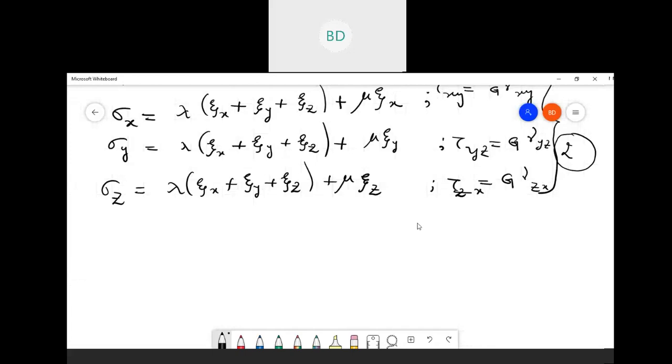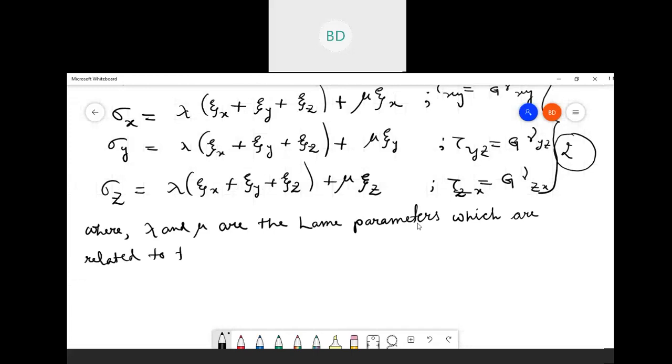Where lambda and mu are the Lame parameters, which are related to the Young's modulus E and Poisson's ratio nu as follows.